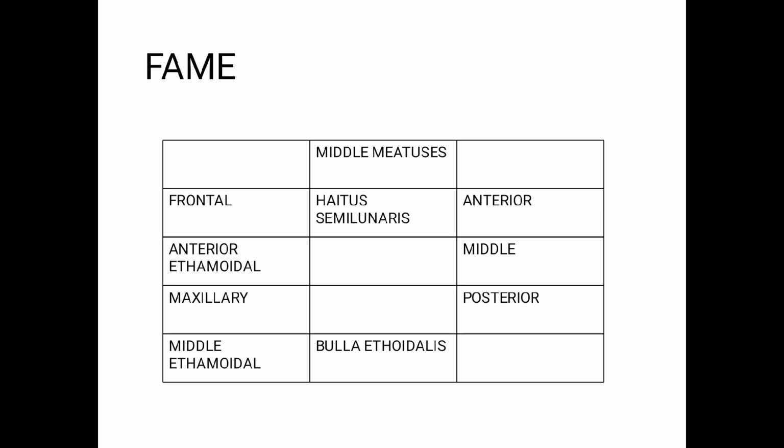The M represents the posterior hiatus semilunaris. The E represents the bulla ethmoidalis. That's FAME in our mnemonic, and it will help you remember which paranasal air sinus drains into a particular opening in the lateral wall of the nasal cavity.